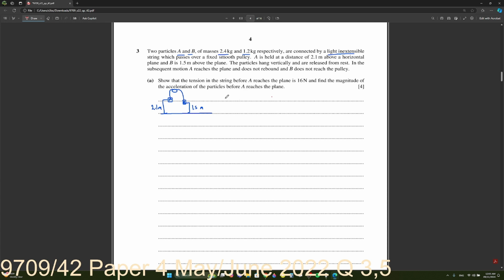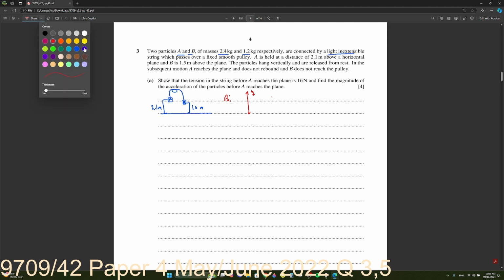So we're going to draw our FBDs, starting with block A. For block A, this is our y-axis. Since there are no horizontal forces acting, I'm just going to draw the y-axis. We have the weight going down, and the tension force of the string.